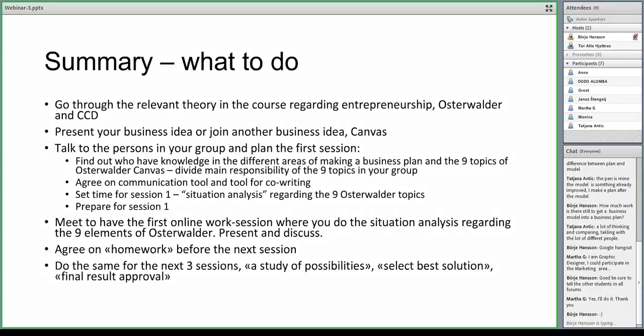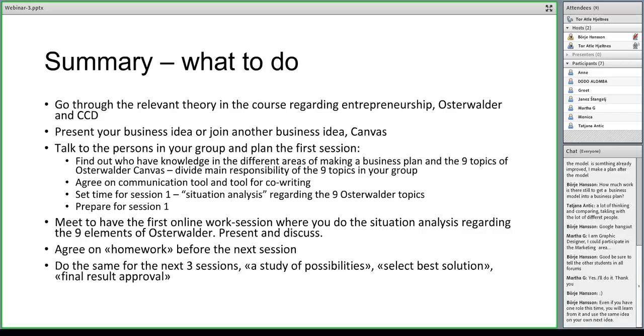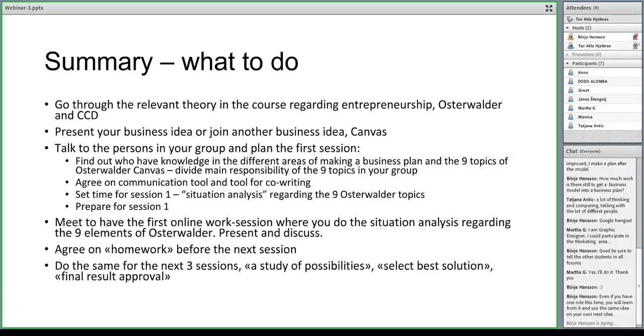And we think it's a good idea that you divide main responsibility of the 9 topics of Osterwalder within your group. Then you have to agree on a communication tool and a tool for co-writing. Skype and Adobe and Google Docs might be a good choice.